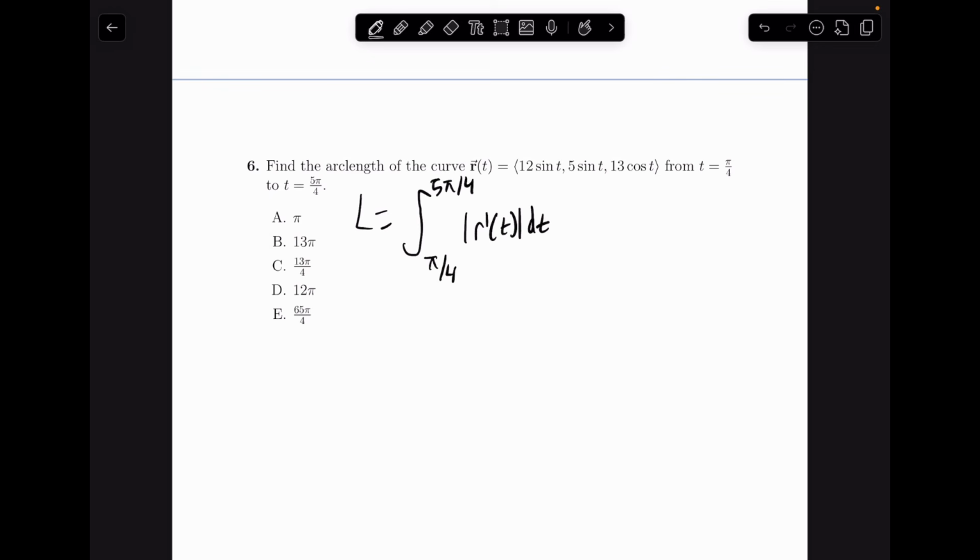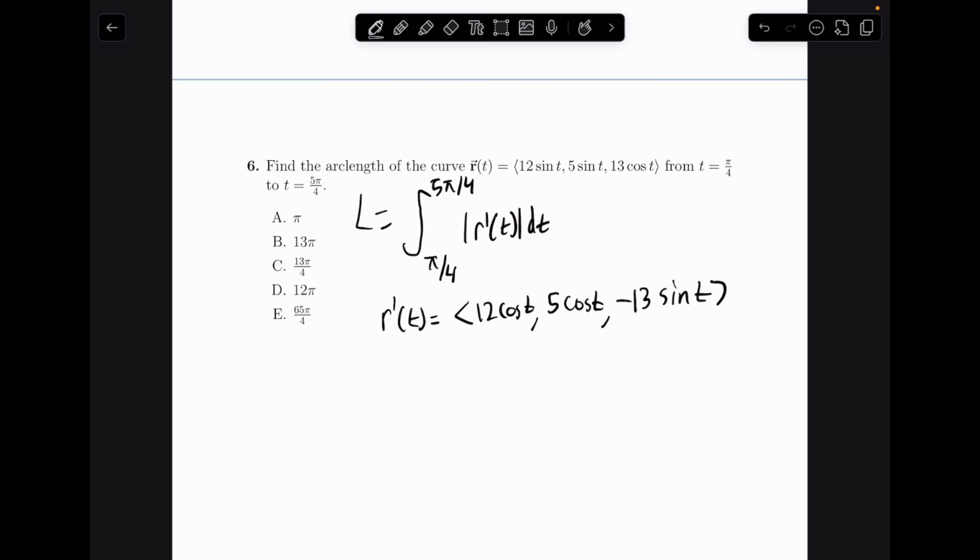So first, let's find that r prime of t, that is going to be equal to 12 cos t, 5 cos t, and negative 13 sine t.